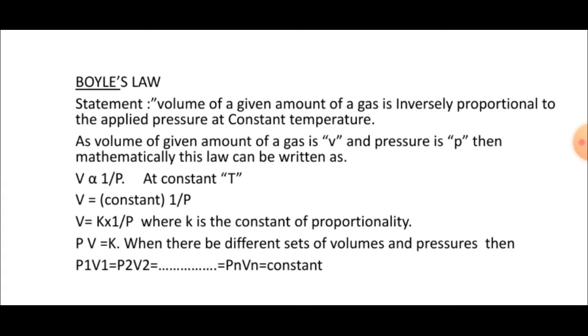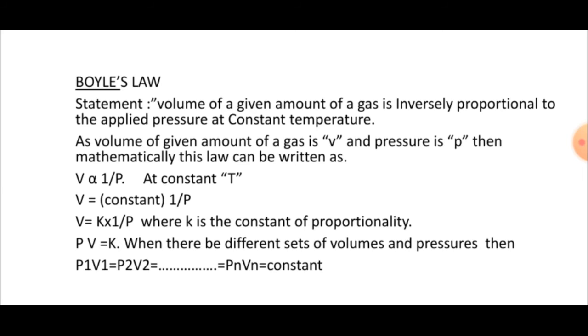If the volume of a given amount of gas is denoted by V and pressure by P, then mathematically it can be written V proportional to 1 upon P at constant temperature T. V is equal to k into 1 upon P, where k is the constant of proportionality and is called gaseous constant.